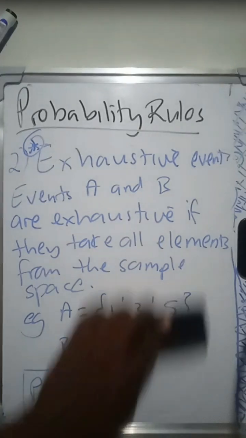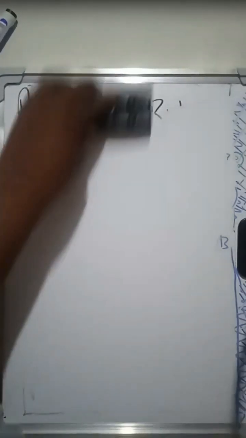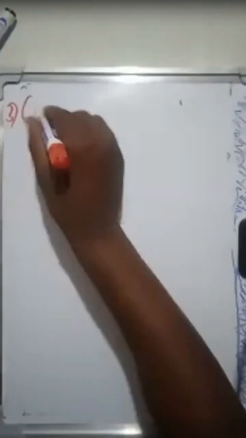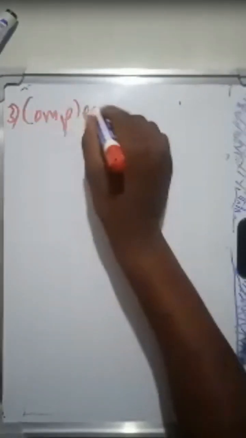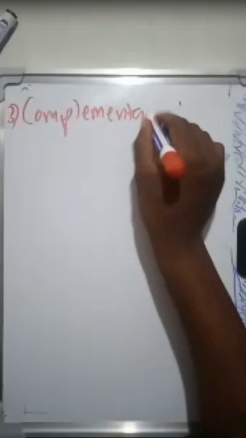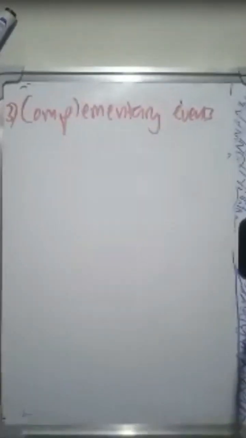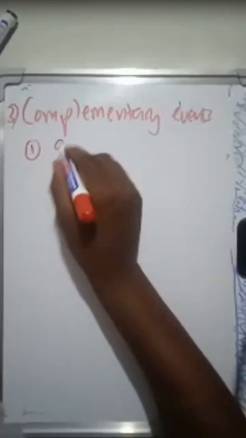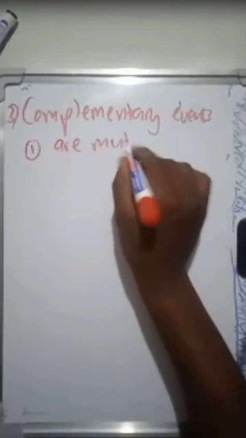Okay? Then number 3. We have complementary events. There are 2 conditions for complementary events. The first one, number 1, complementary events are mutually exclusive.